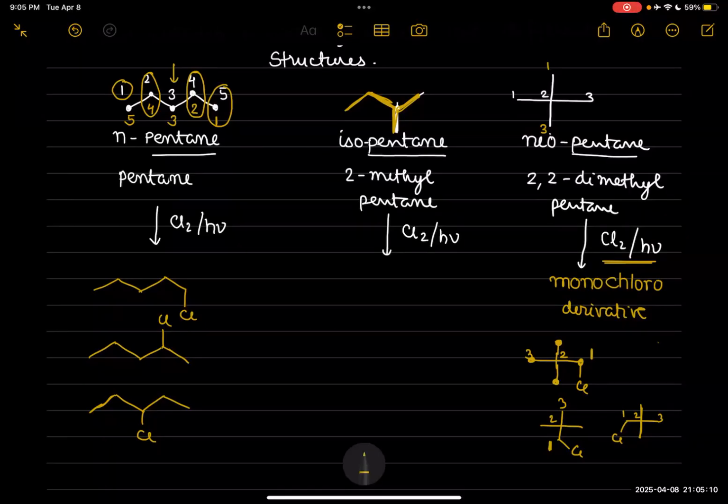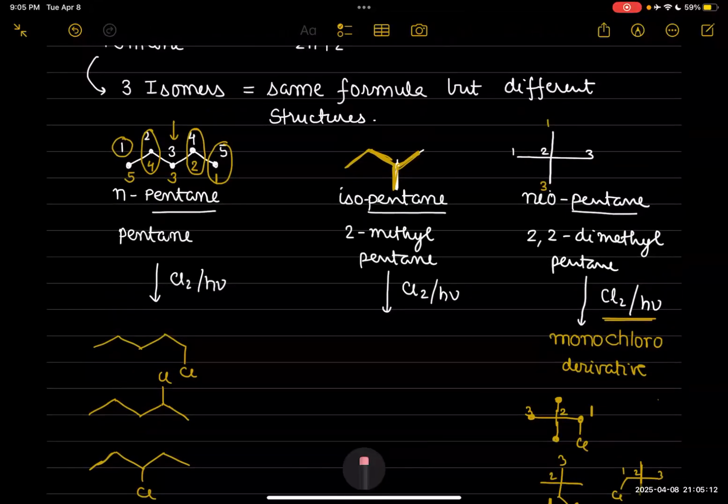So from where should I do the numbering? From the right side or the left side? We can do it from this side, because the methyl is closer.